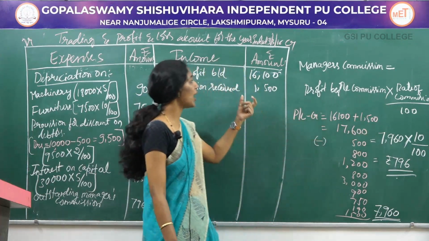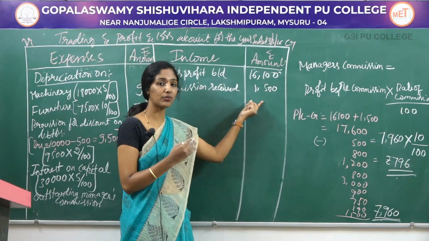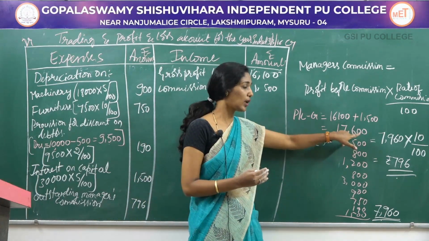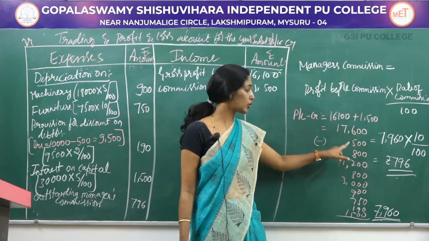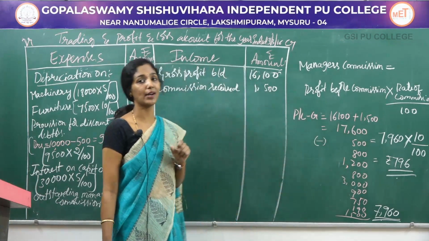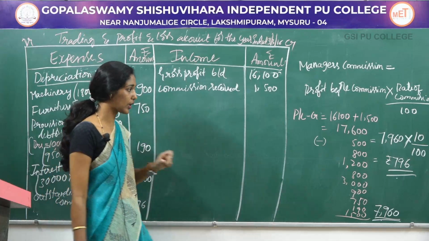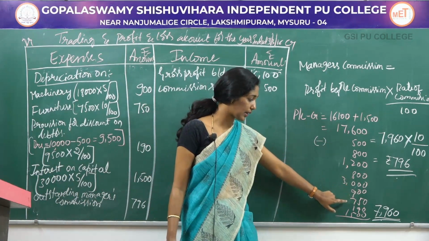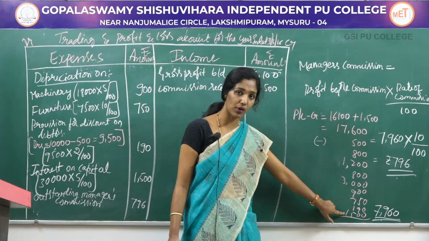For this, first you have to add on the credit side of the profit and loss account, you will get 17,600. From this you have to deduct all the amounts of the debit side of the profit and loss account. That is rupees 500, 800, 1,200, 800, 3,900, 750, 190 and 1,500.